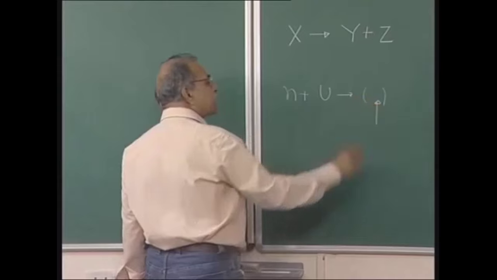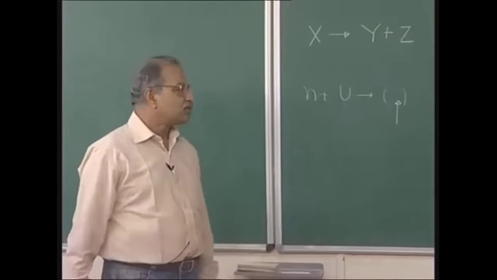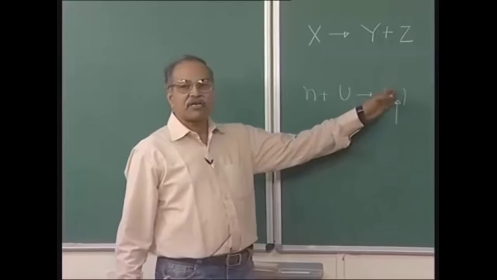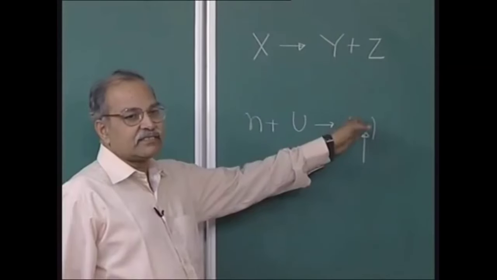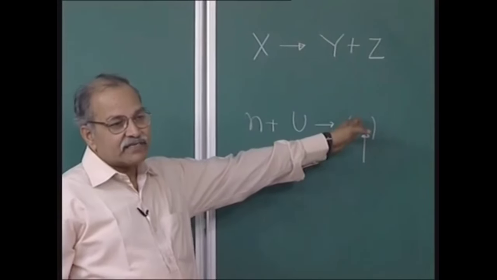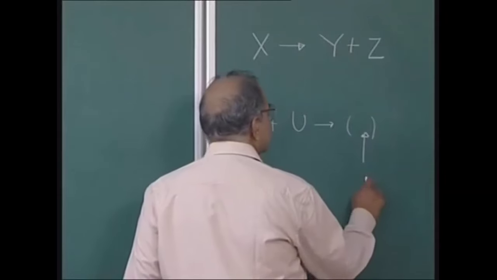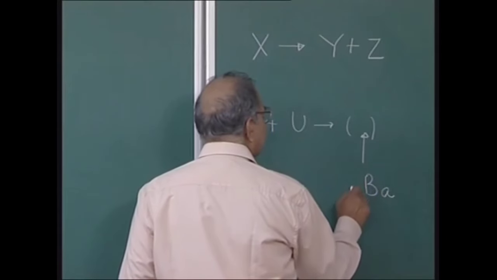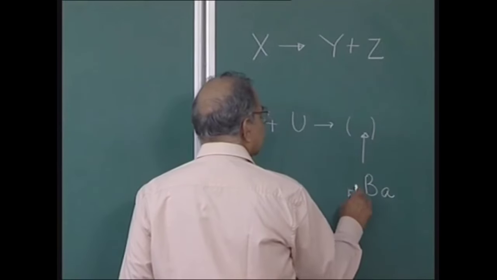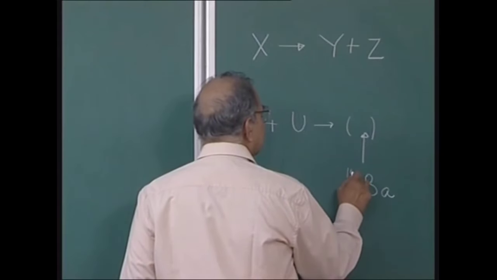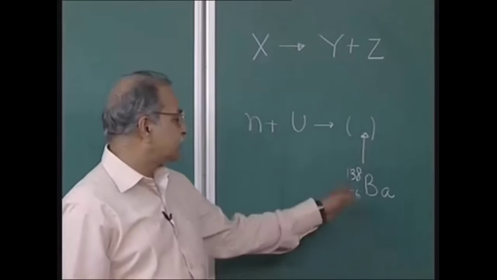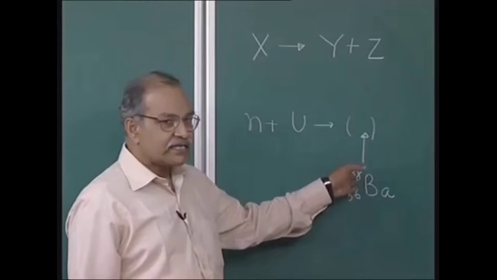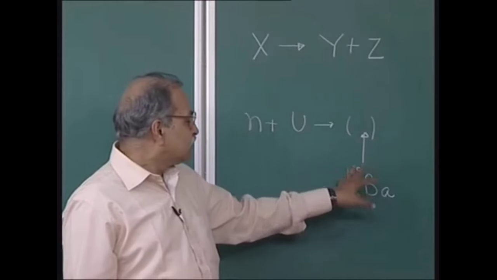They were chemists in fact, so chemical analysis was very strong. When the irradiated product was analyzed, they found that there is barium in it. Barium is Z = 56, with around 138; there are several isotopes of barium which are stable, and 138 is the most abundant one.